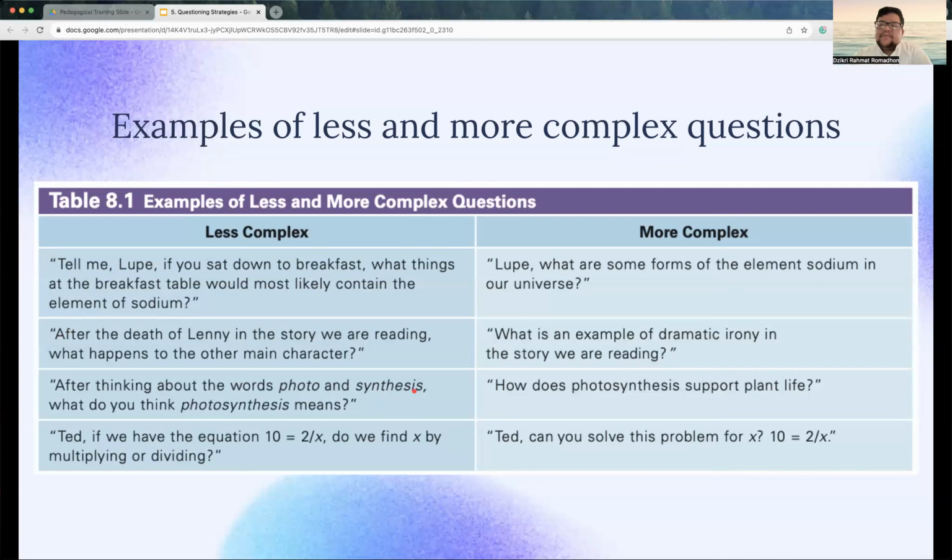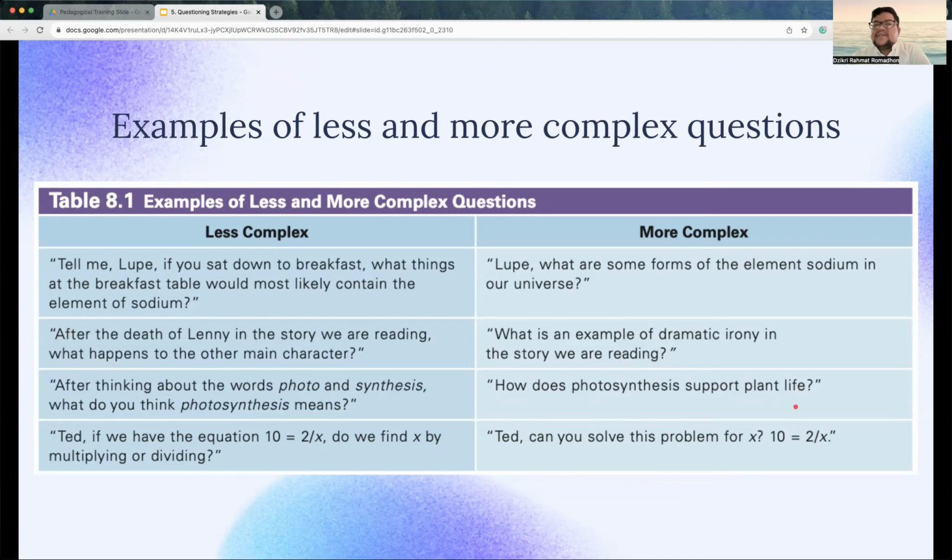And for these other more complex questions, how does photosynthesis support plant life? Not only do you define photosynthesis, but you have to connect photosynthesis to plant life.